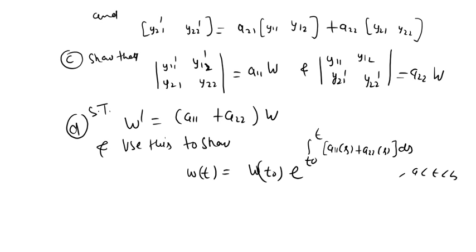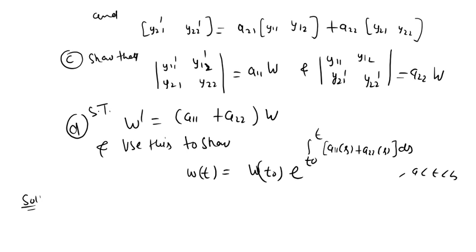This is a step-by-step procedure for how you derive this result for a 2x2 system. There are a few extra details, and the proof is quite simple, just one or two lines for each part.